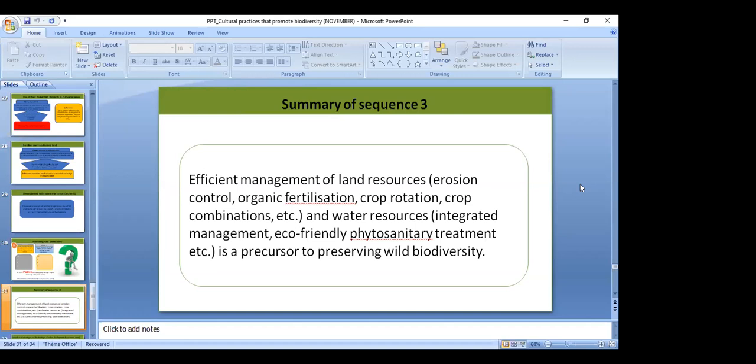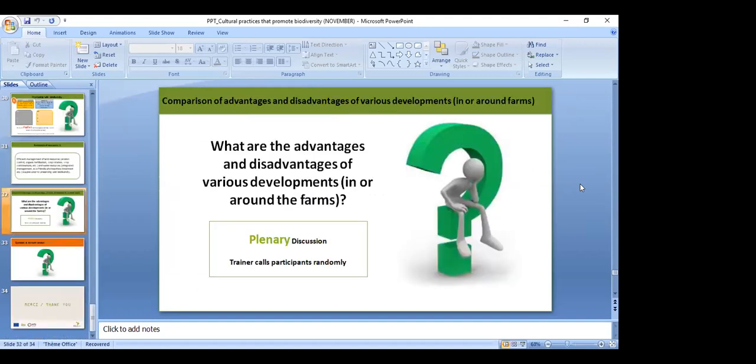So all of these things put together, as we have just explained, are the precursor to preserving wild biodiversity. And once we are able to do this, directly and indirectly, we are becoming biodiversity smart. In particular, the wild biodiversity will be maintained as it ought to be.